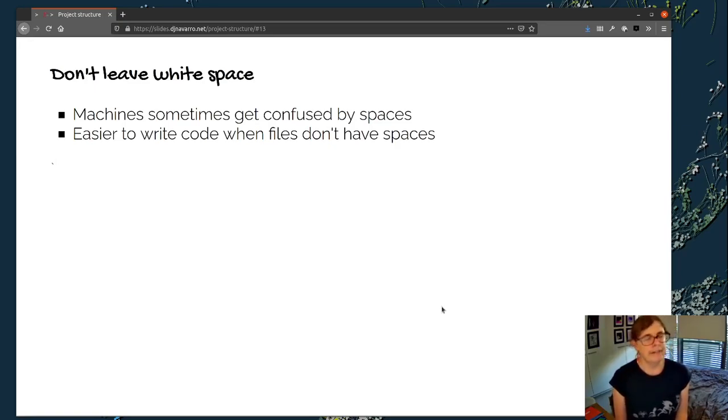What I have found time and time again is that when things break, spaces in your file names can cause a whole lot of problems down the track. So if you want your file name to be robust, to play nicely with machines even when something isn't quite right, don't leave white space.